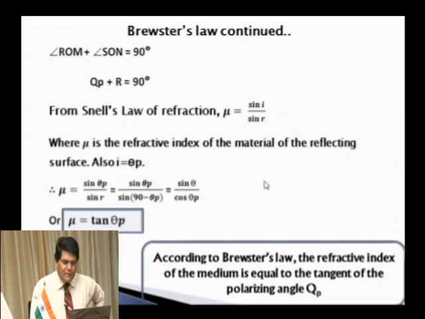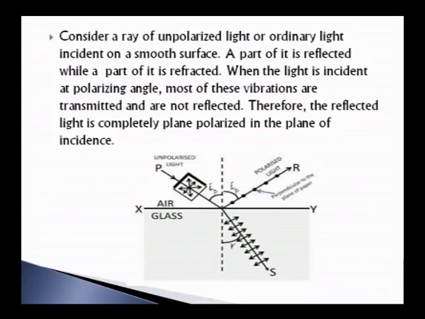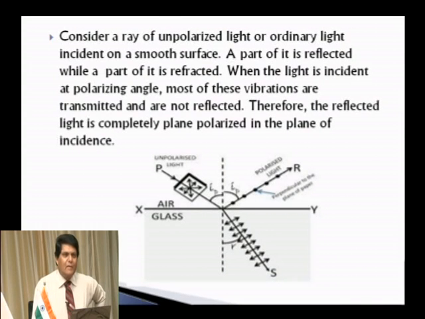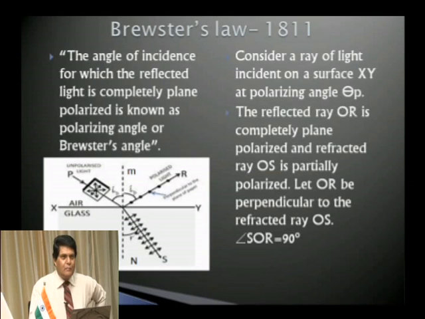This angle at which the polarized light is obtained is called the polarizing angle, also called Brewster's angle. It is the angle of incidence at which one can get the maximum polarized light.